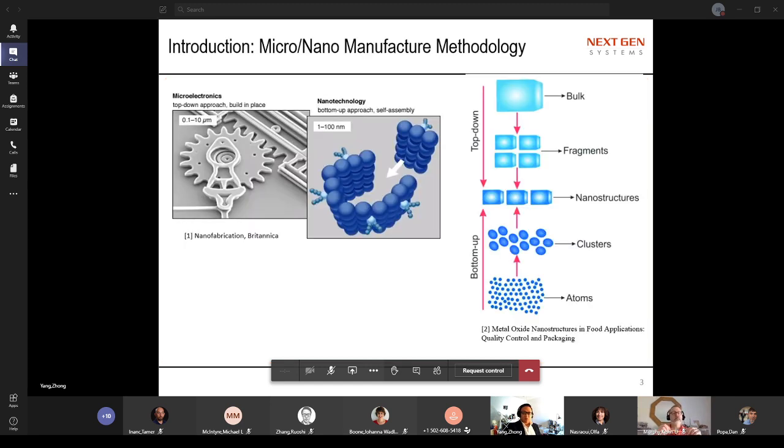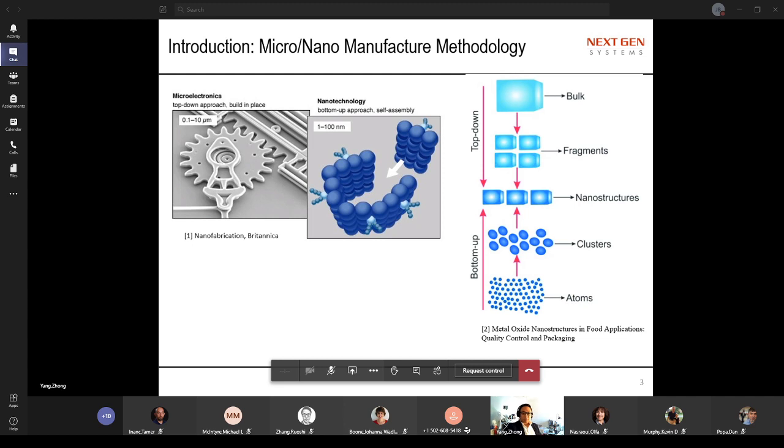So in nano or micro manufacturing area, there normally are 2 approaches. One is called a top-down approach, the other is a bottom-up approach. The top-down approach is you have a bulk of material, and through some process, you will get some nano or micron level structure you desired.